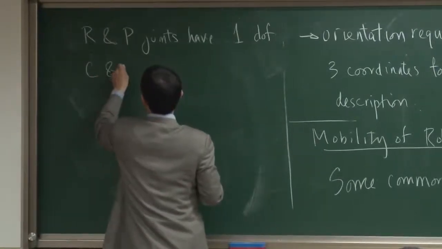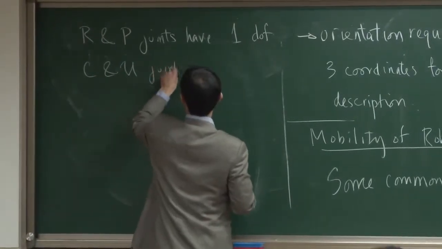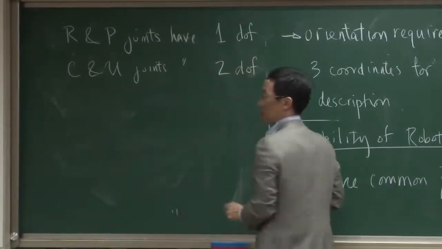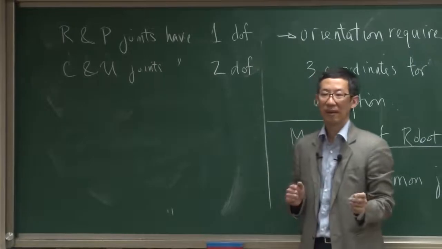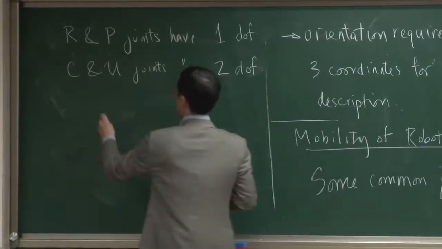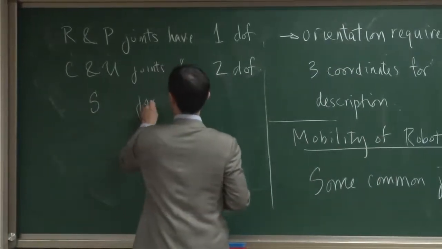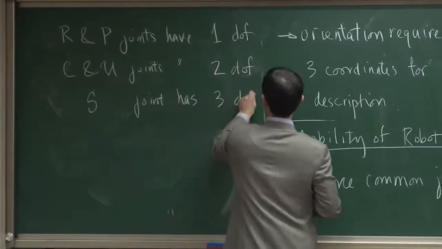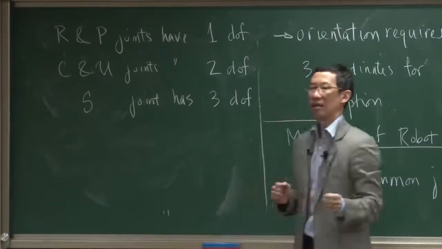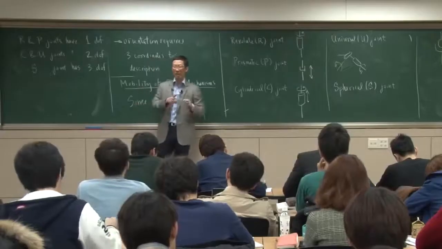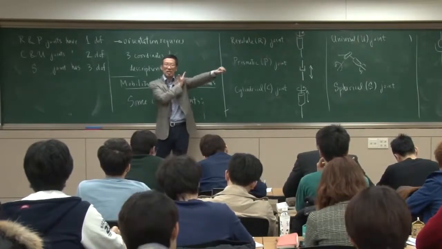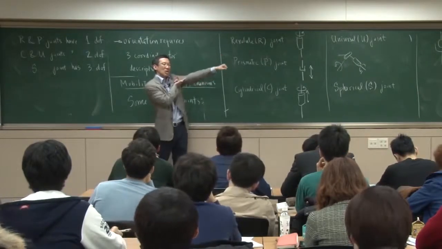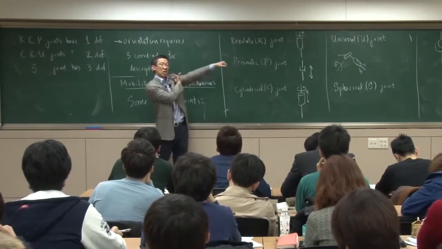C and U joints have 2 DOF. Again, pretty clear. The S joint has 3 DOF. And if you think about it, what the S joint is doing is it allows you to change the orientation.